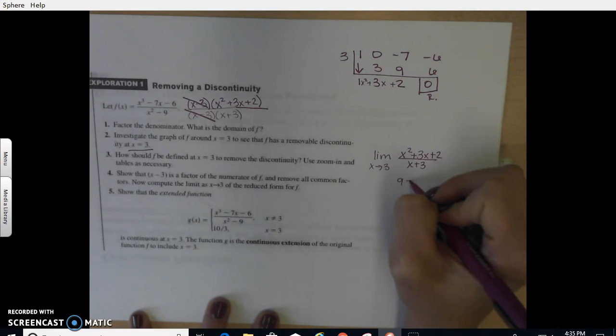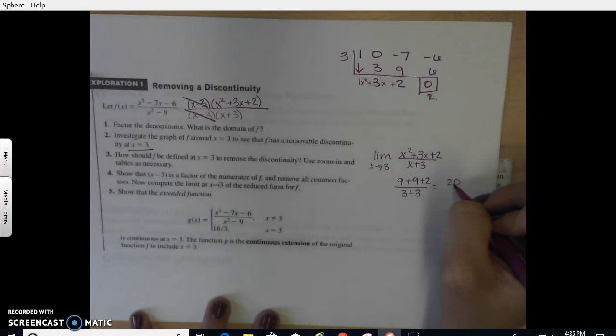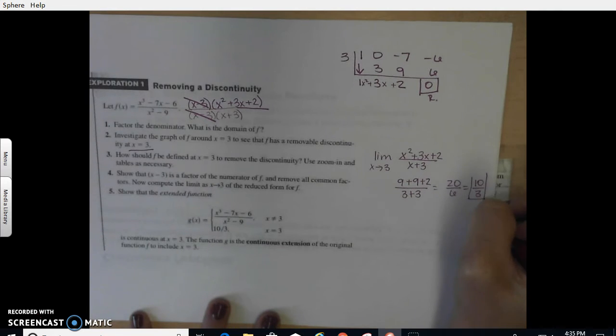And I would get 9 plus 9 plus 2 over 3 plus 3, which is 20 over 6, which is 10 over 3. And if I evaluated that, it would be equal to this as well.